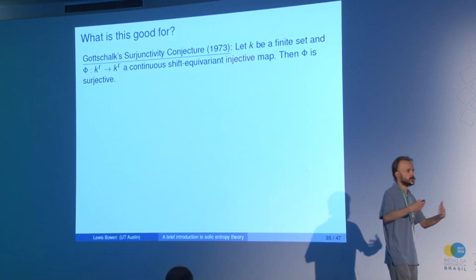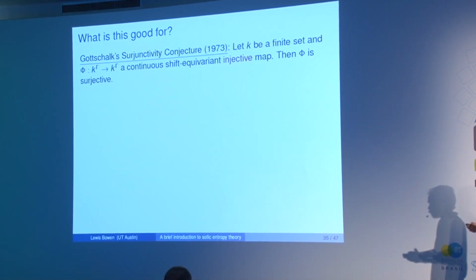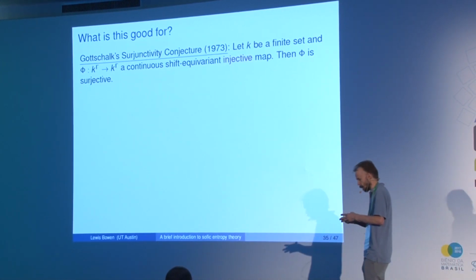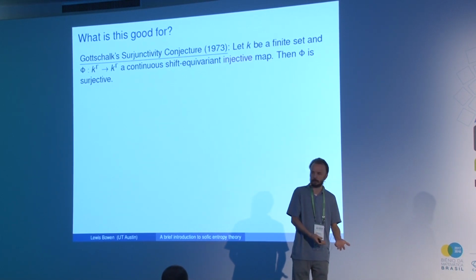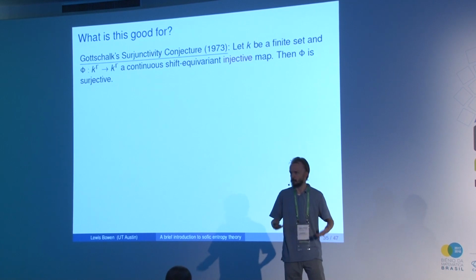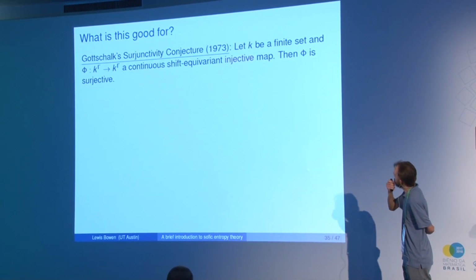In a way, this is generalizing a very fundamental property of finite sets. If I have a finite set, then a map from it back to itself, if it's injective, it has to be surjective. That's a basic finiteness property. So he conjectured that this would be true for these kinds of maps, which are called cellular automata.